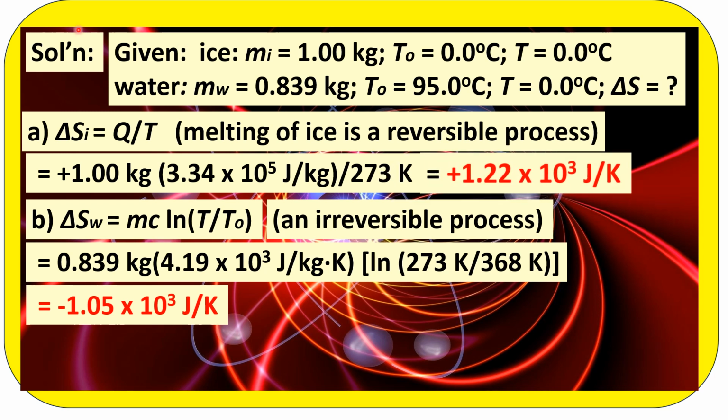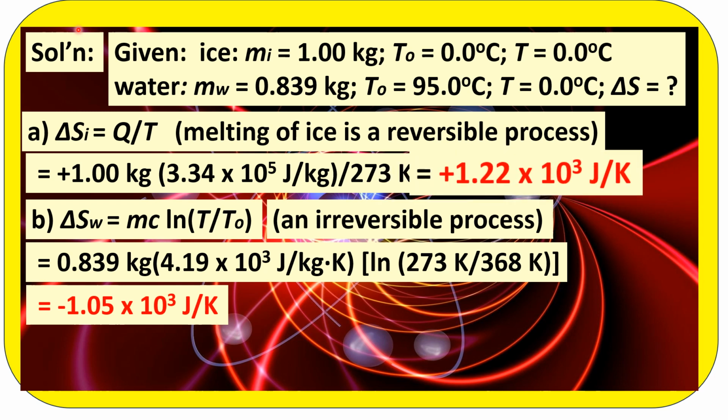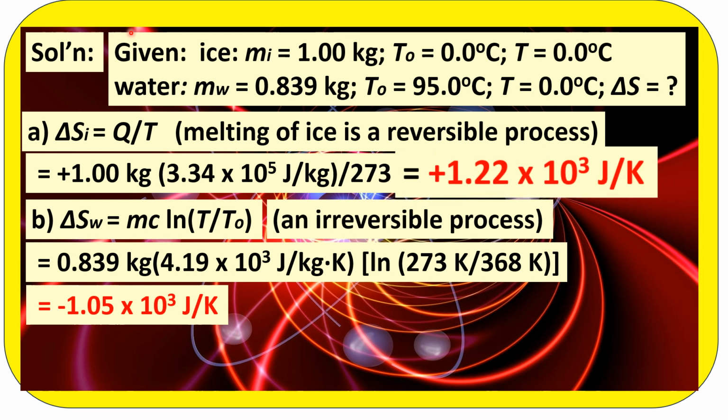So in the case of water cooling down from a higher temperature to a lower temperature, we have a negative delta S, which suggests that the entropy of water has been decreased. It has been decreased, mathematically speaking.